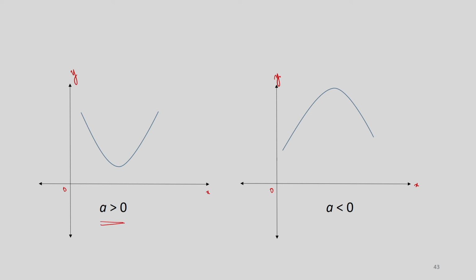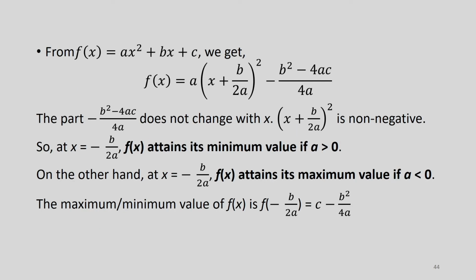On the other hand, if you have an inverted U shape like this, an upturned U, the a, which is the coefficient of x square in that equation, has to be less than 0. Okay, let us see how this is coming out, why you need a to be positive and negative.